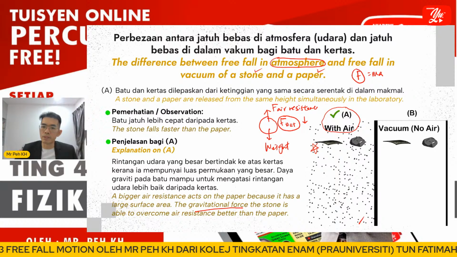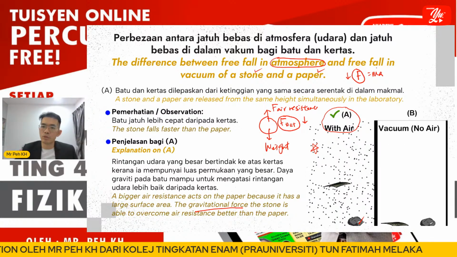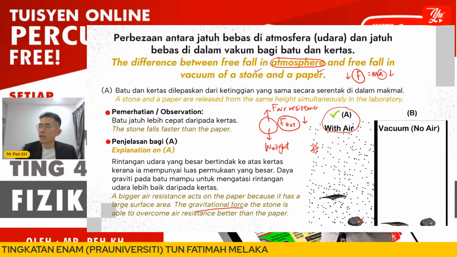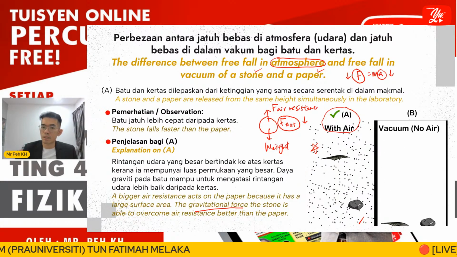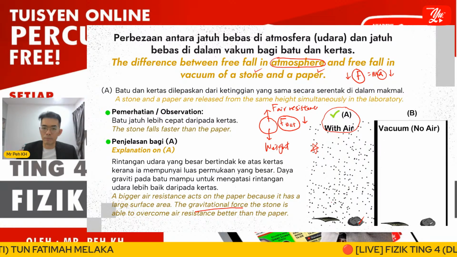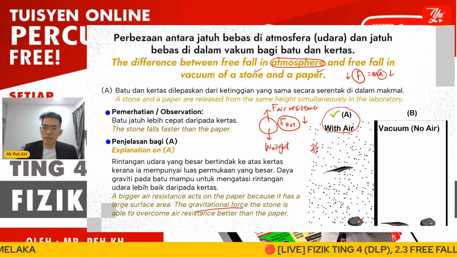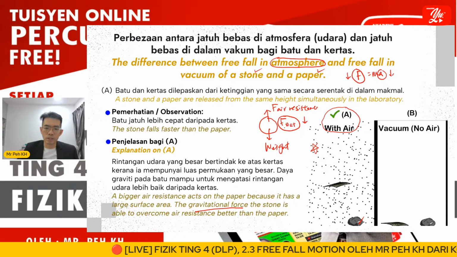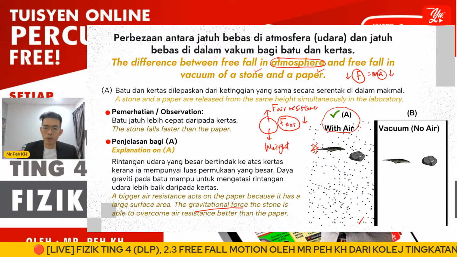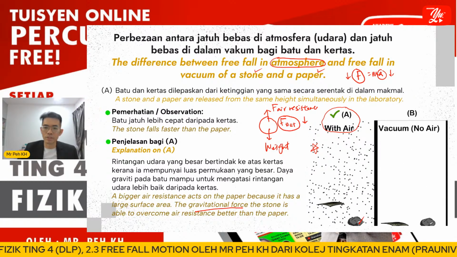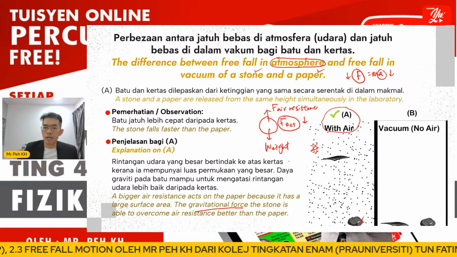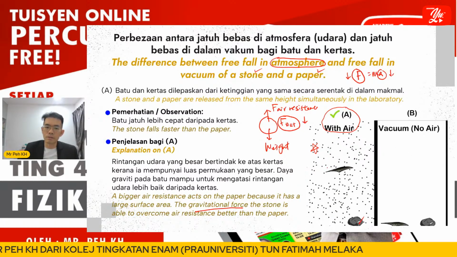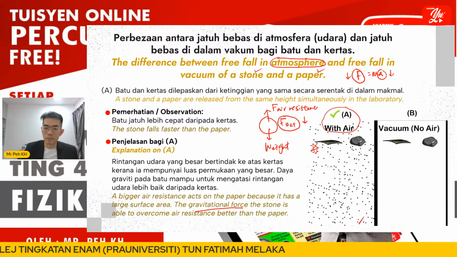When the net force decreases, the overall acceleration decreases. This happens for the paper. Because the paper has a larger surface area, the air resistance will be greater. So the net force on the paper decreases, causing the overall acceleration to decrease. So you may see the speed moving down for the paper decreases.